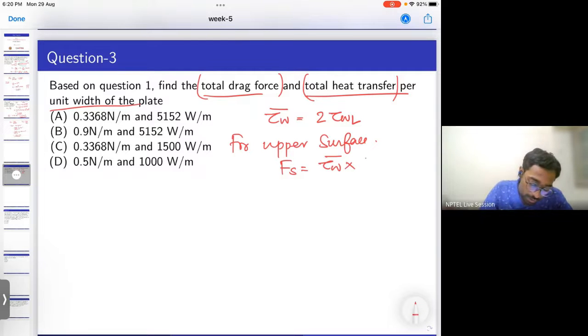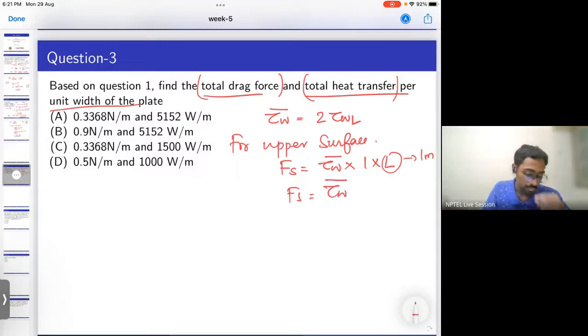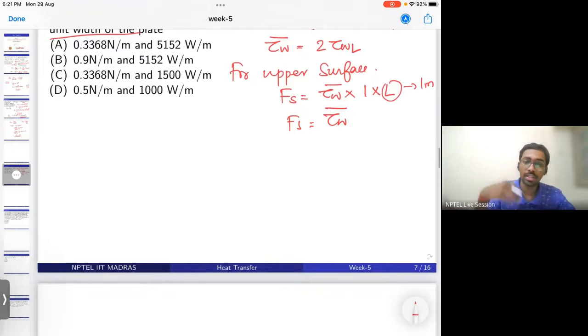For the surface area, the question asks us to take the width of the plate as 1, so I am taking the width of the plate as 1 and the length of the plate as L. L is already given as 1 meter. So Fs is equal to tau W bar, and this acts on both surfaces.